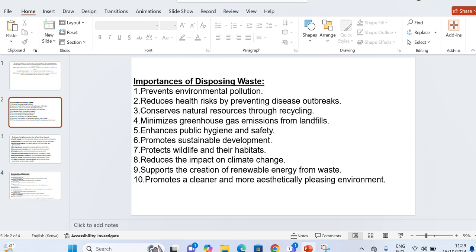Okay, so the next subtopic we are going to see is the importance of disposing wastewater. Disposing wastewater is very important to all conservators of the environment.